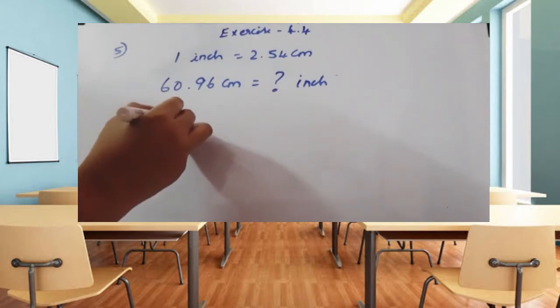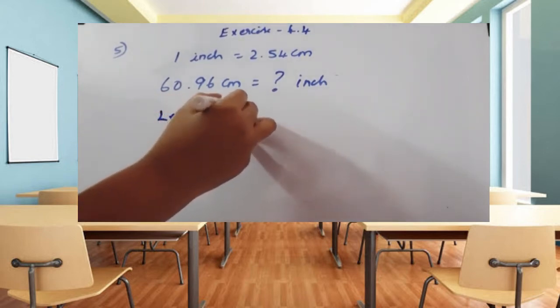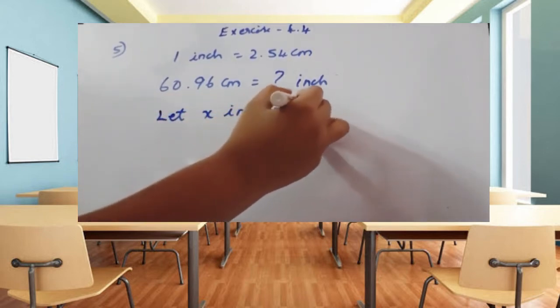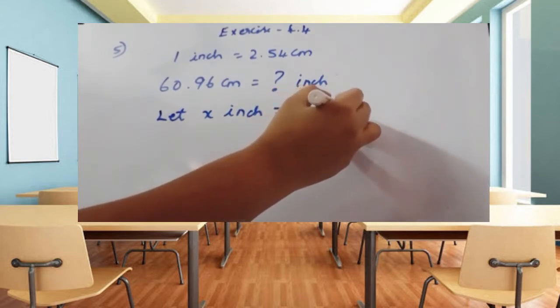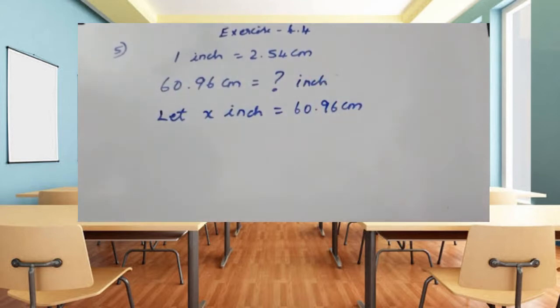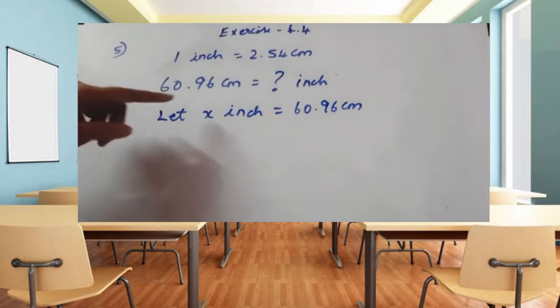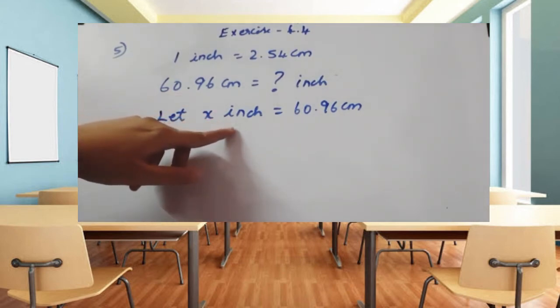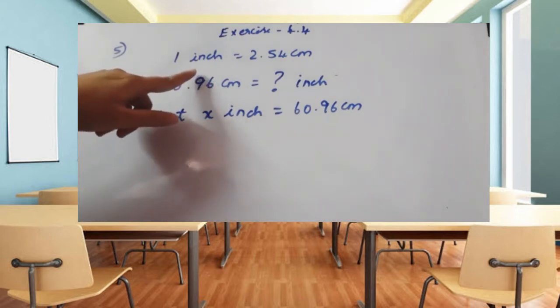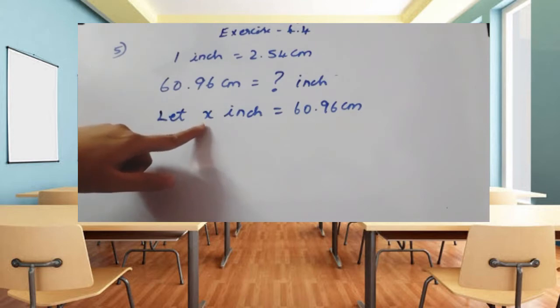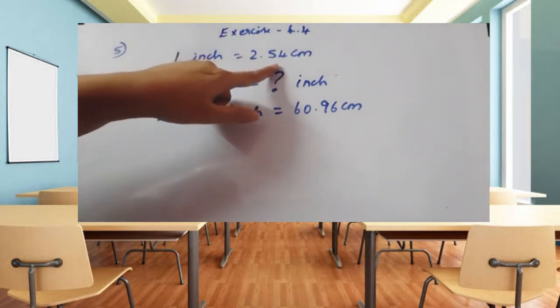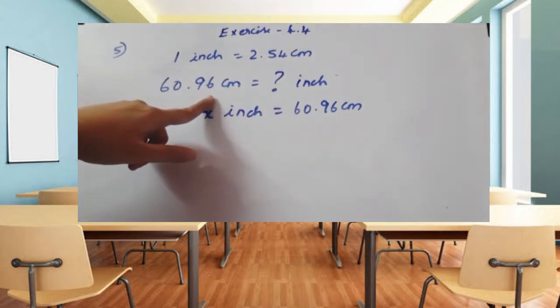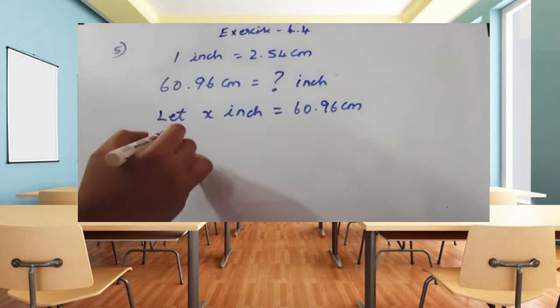Let x inch be equal to 60.96 centimeter. Now in order to find inches, we need to multiply by the 1 inch value. So x into 2.54 is equal to 60.96.